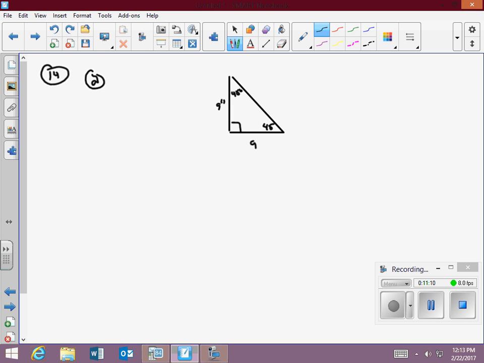And then the ratio, there's that theorem that says the ratio is 1 to 1 to the square root of 2, or you can do it this way: 1 over the square root of 2, 1 over the square root of 2, and this is 1.